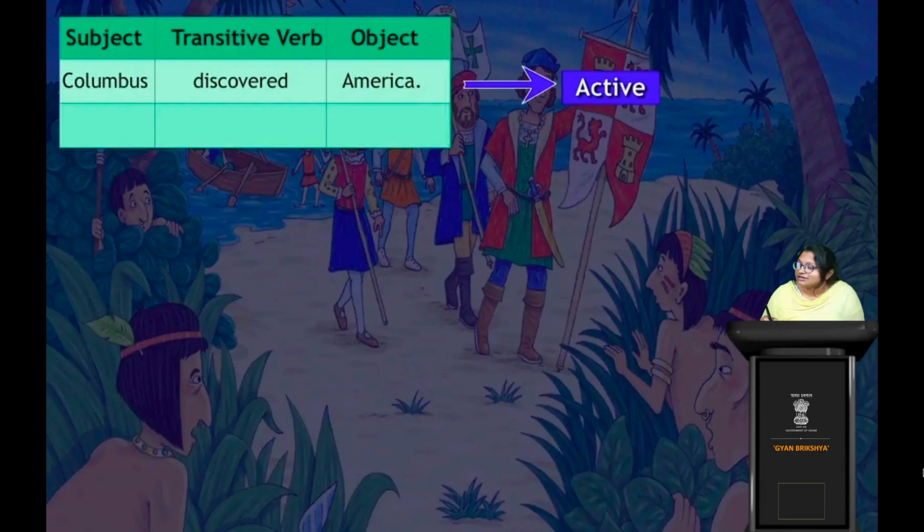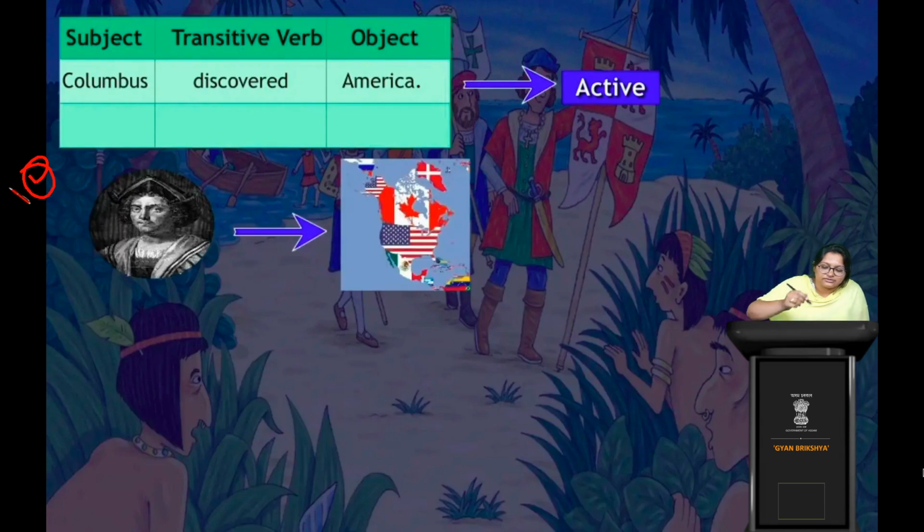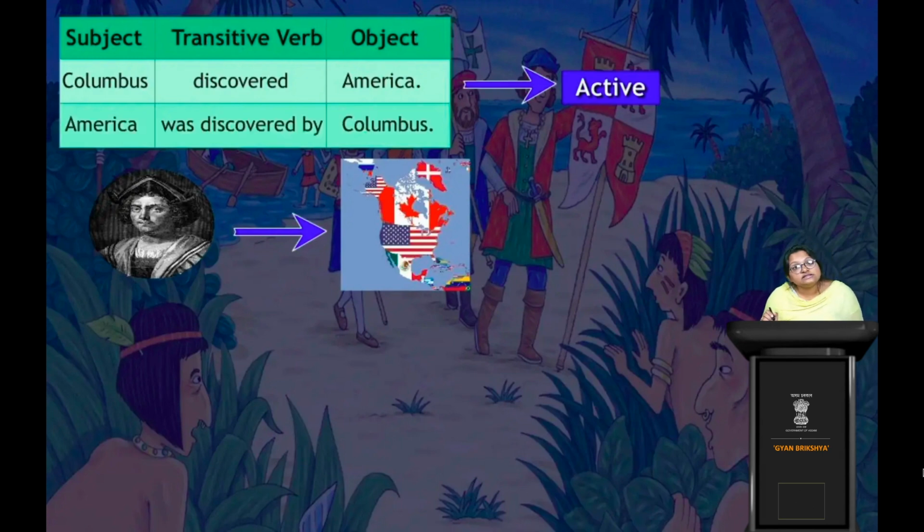Now if we have to change it the other way around, here Columbus is the subject and America the object. Columbus discovered America. Now change it the other way around, it will become America was discovered by Columbus. So this is in passive.